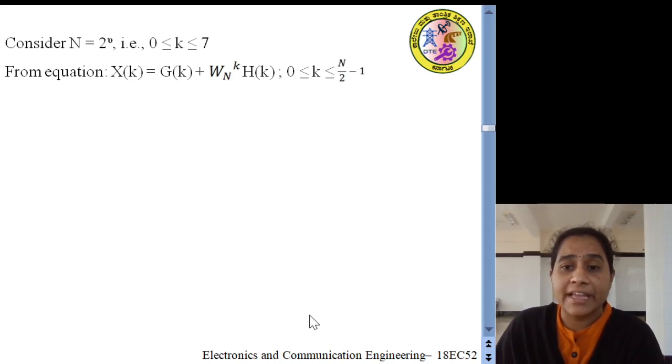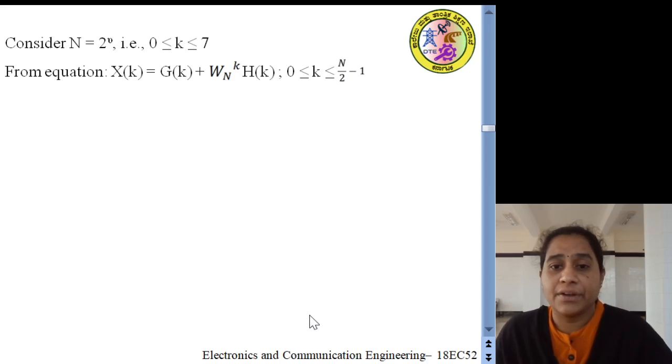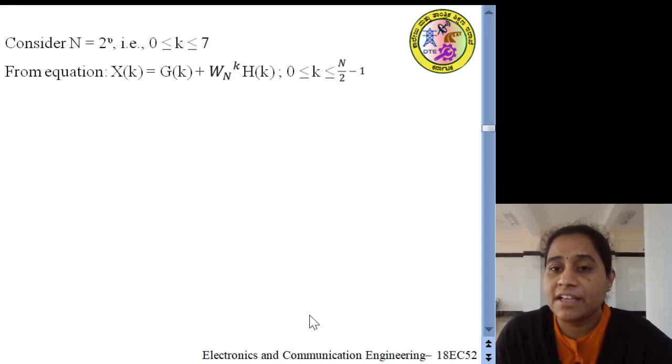Now let us consider the value of N equal to 2 power 3, that is 8, where the value of k is varying from 0 to 7. From the equation, what we have written is X(k) equal to G(k) plus W_N raised to the power k into H(k), for k varying from 0 to N/2 minus 1.